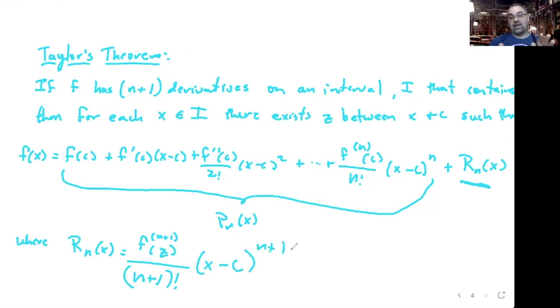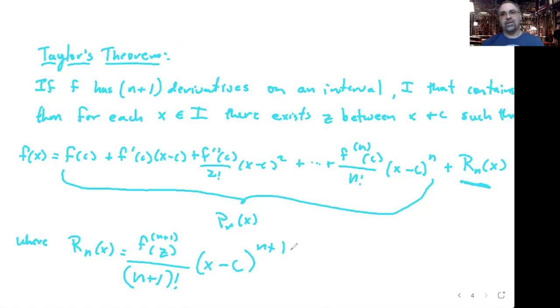And that is the beauty of Taylor's theorem. It gives us a way to quantify that remainder: it's the n plus 1th derivative at this value z that's somewhere between x and c, over n plus 1 factorial, times x minus c to the n plus 1 power. If I go back, I could show you that when we went from squared to cubed, that's the next derivative. And so you could find the remainder that way.